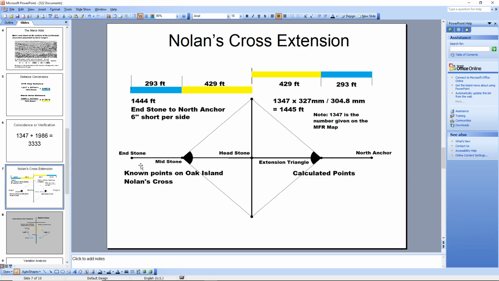So what does that tell us? It tells us that 1347 is a relevant number. It's relevant to Nolans cross, which is a fact of Oak Island.